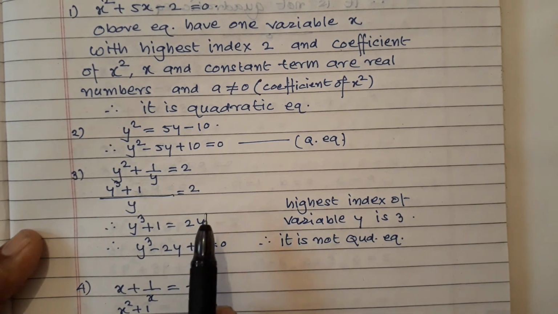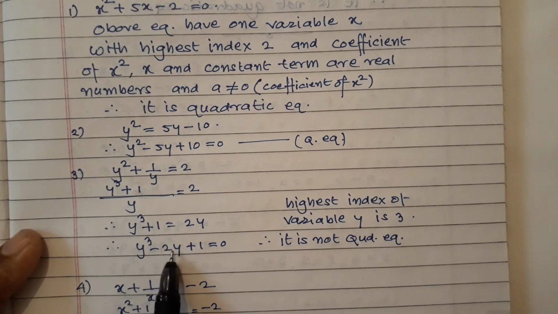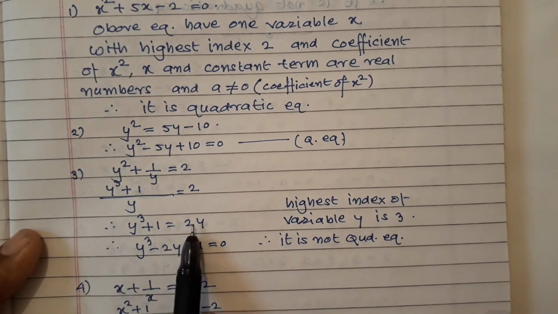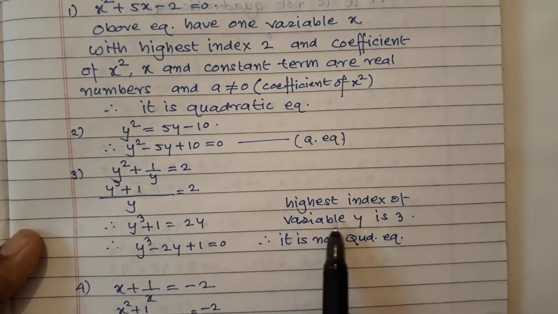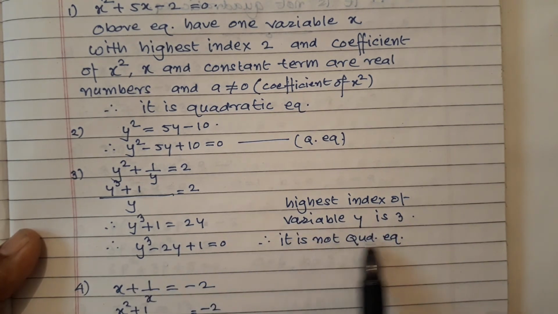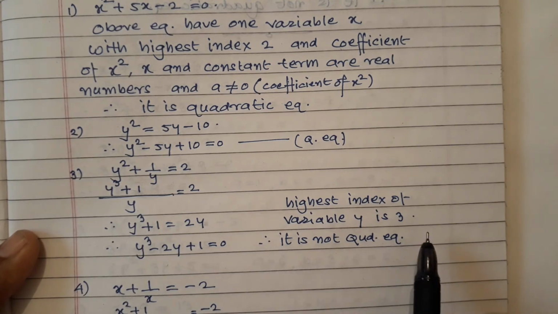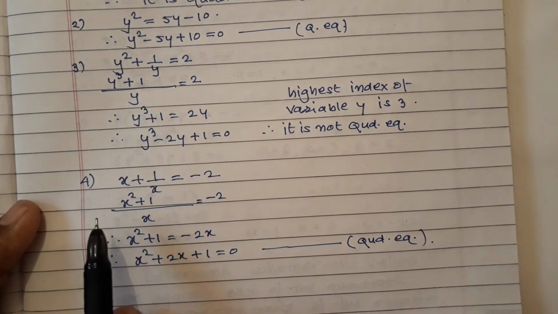Now again you transfer this: y cube minus 2y, so this plus becomes minus 2y plus 1 is equal to 0. Now in this equation, the highest index of variable y is 3 and therefore it is not a quadratic equation.